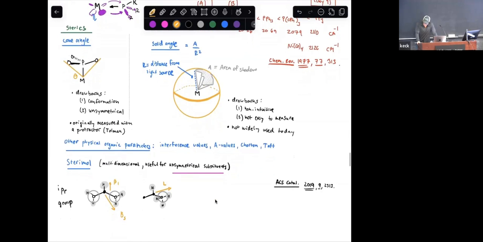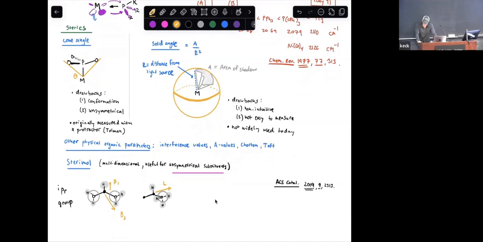That led the community to come up with other descriptors. I'll introduce one that you will never hear about again in your chemistry education, just so I can introduce this to you and then describe what it is replaced with, because it captures the spirit of something important, but it was too complicated for the community to understand.